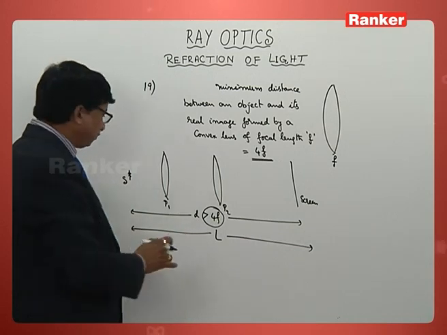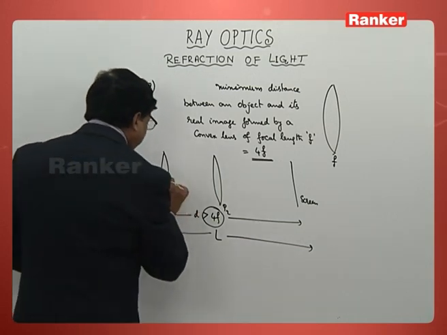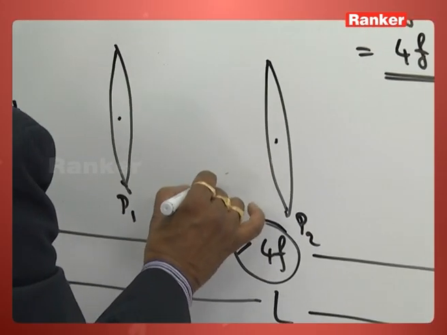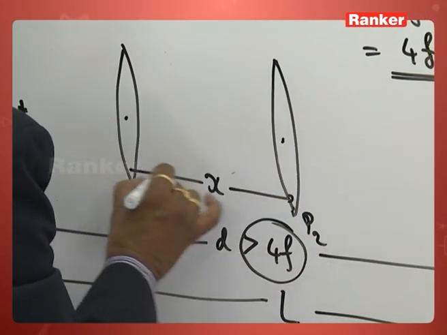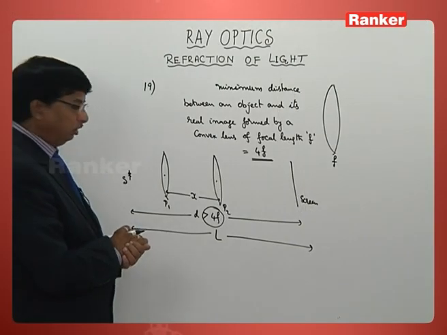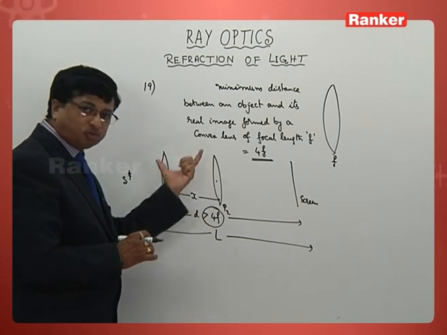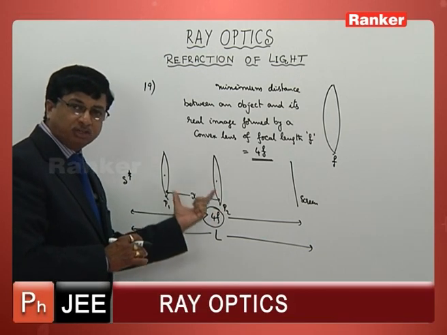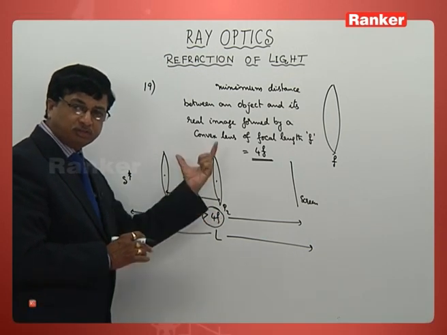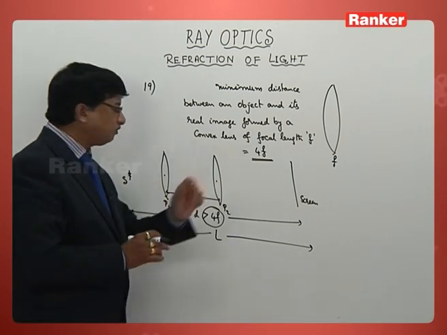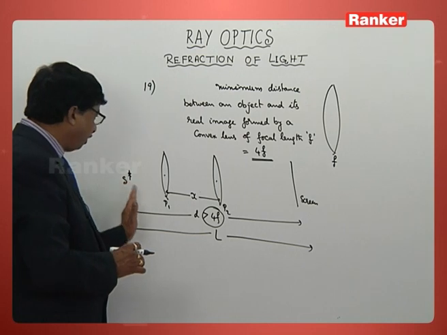If I say the distance of separation between these two positions is x, so x is the distance between the two positions at which the convex lens forms a real image on the screen, and L is the total distance between the source and the screen.